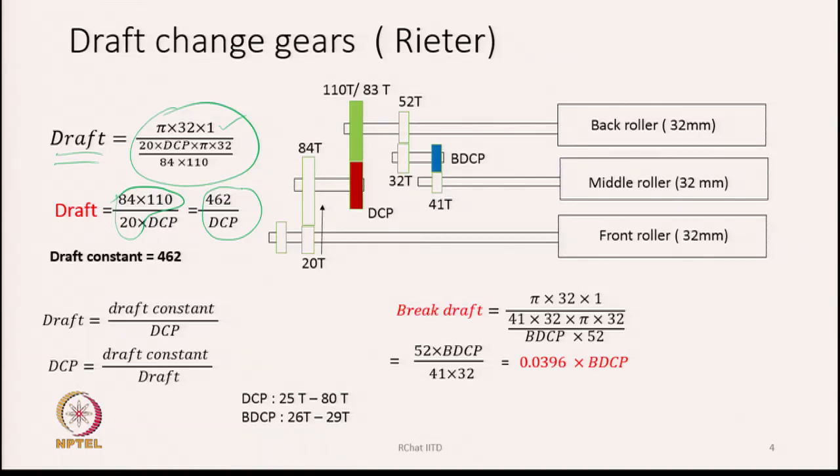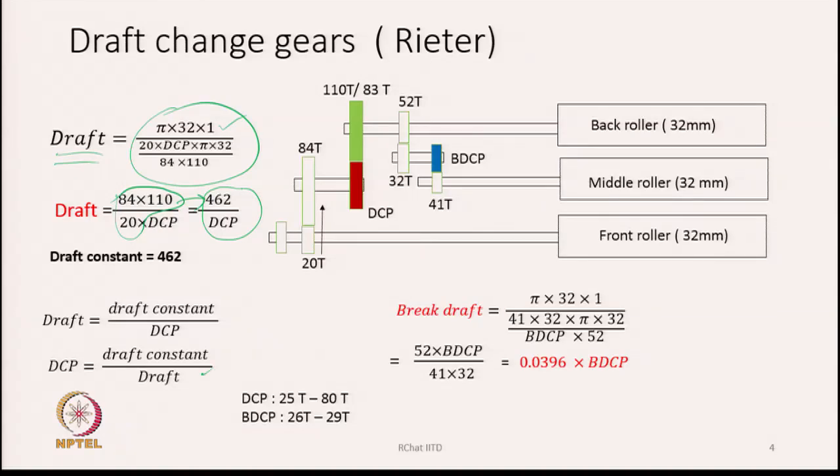These gears are not going to change, they remain fixed in this particular case, and therefore 84 into 110 by 20 gives you the value 462, and we call this figure the draft constant. So draft is always draft constant by DCP in this particular drafting system, or DCP could be draft constant by draft.